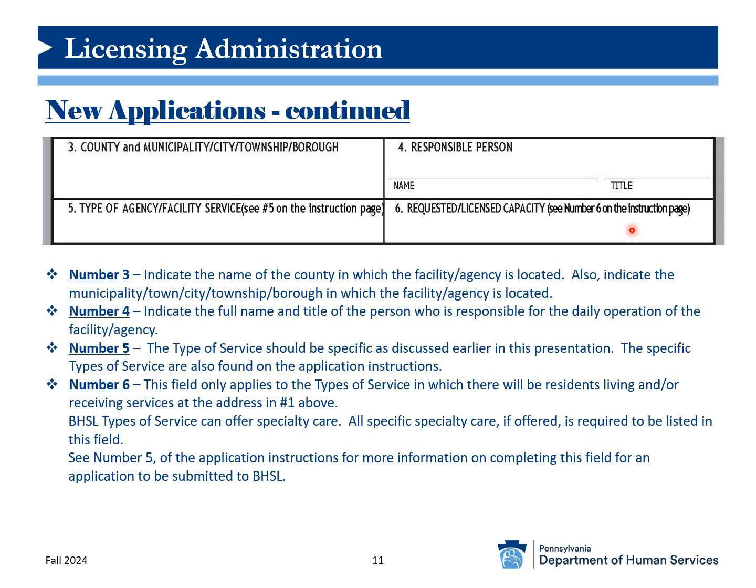For the Bureau of Human Services licensing types of service, they can offer specialty care. So all specific specialty care, if offered, is required to be listed in this field. More information on that can be found in number 5 of the application instructions.